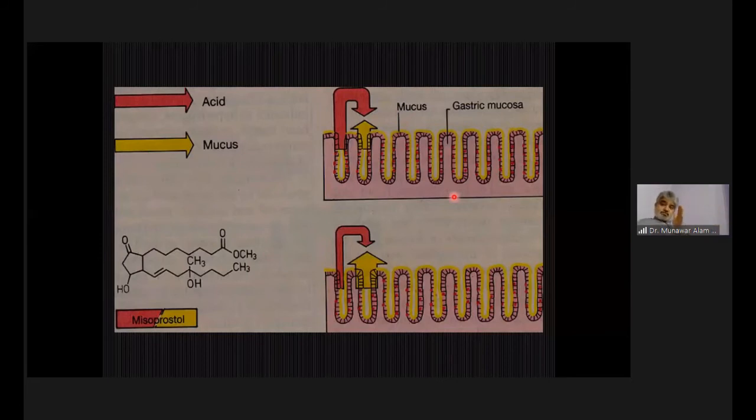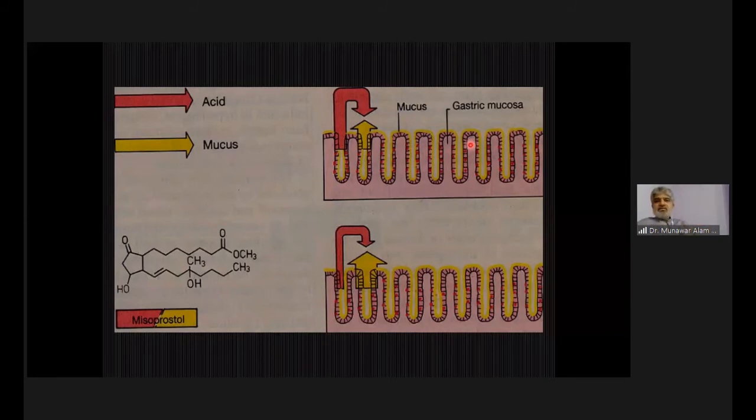What do you see here on this slide? This is the gastric mucosa, and it is covered with this yellow line, which is called the mucus. This mucus is the protective layer between the epithelium and the hydrochloric acid. It prevents the direct contact of the hydrochloric acid with the epithelium.